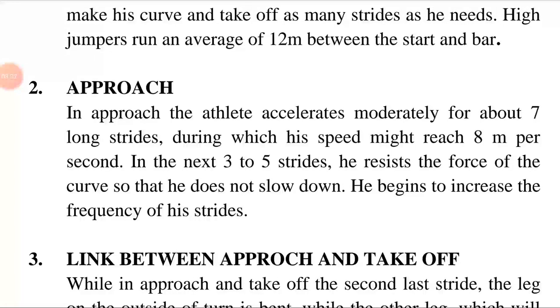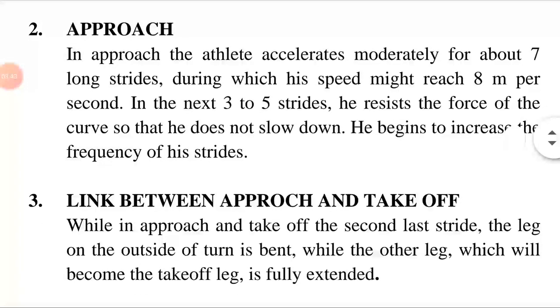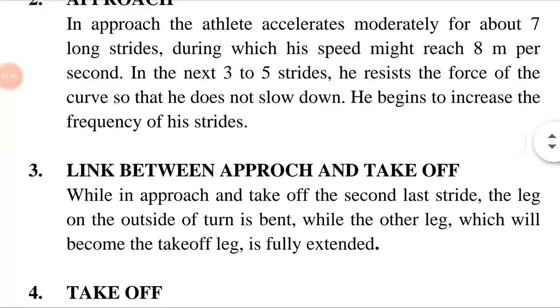In approach, the athlete accelerates moderately for about 7 long strides. Means high jumpers begin to move more quickly within a reasonable limit, at least 7 long steps, during which his speed might reach 8 meters per second.